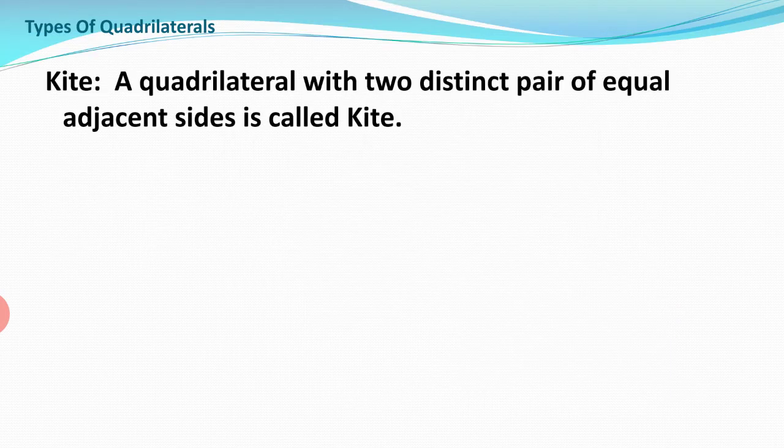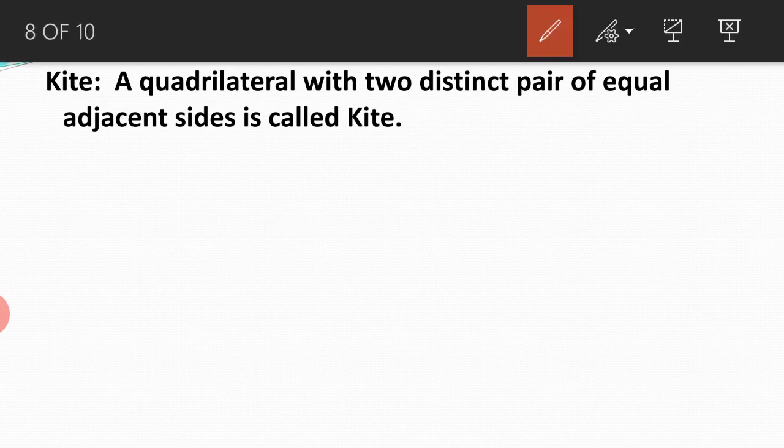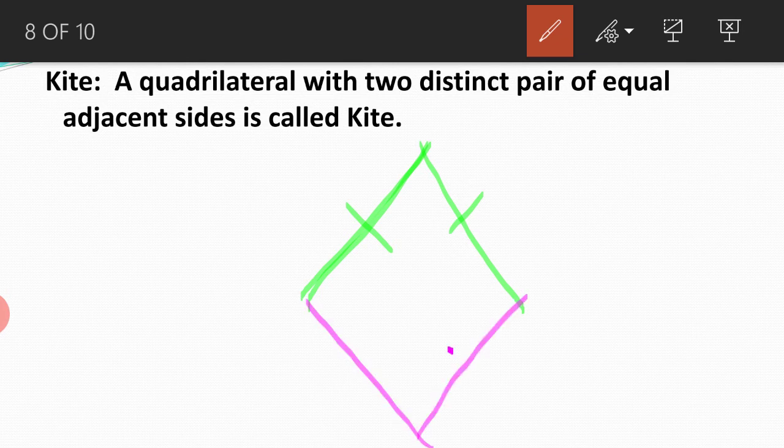Now that is a kite. This is another type of quadrilateral: a quadrilateral with two distinct pairs of equal adjacent sides. Now what does it mean? We will draw the figure in this way. These are two adjacent sides which are equal, and there is another pair of adjacent sides which is also equal.